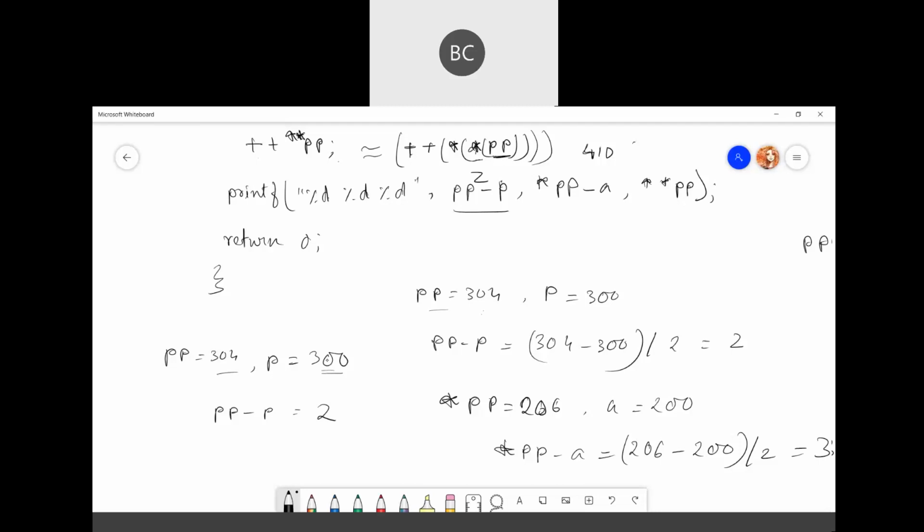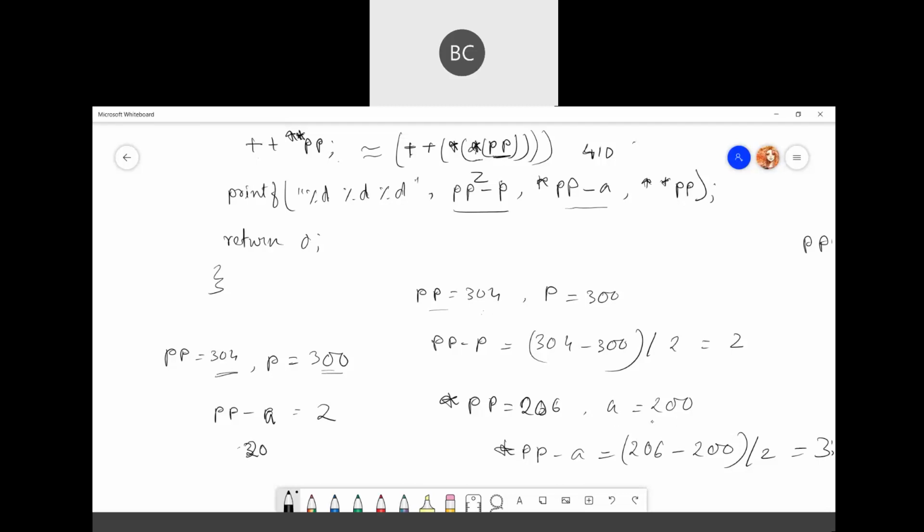Okay. Next again pointer PP and A. So PP was 304 and pointer PP was our 206. So it will be 300, sorry. And A is, sorry, A is our 200, right?